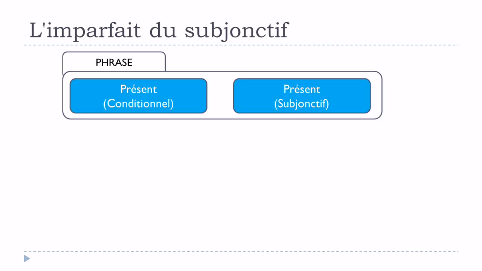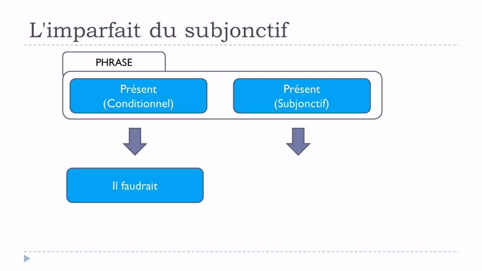So let's have it here right now. Présent du conditionnel in the first part, dans la principale, il faudrait, and then you will have qu'il parle, okay, so you can see that here it's the subjonctif présent.